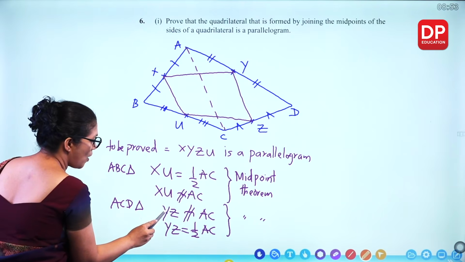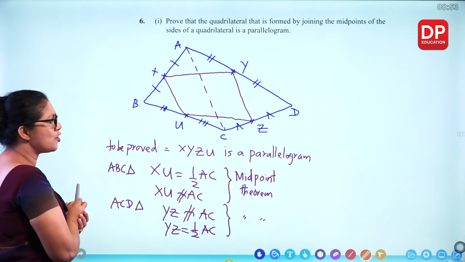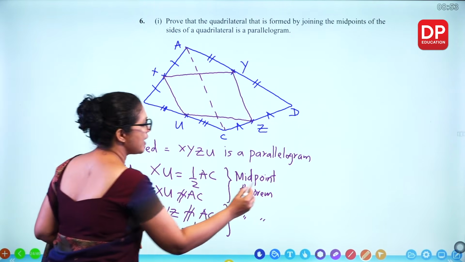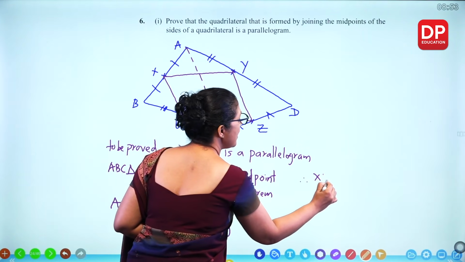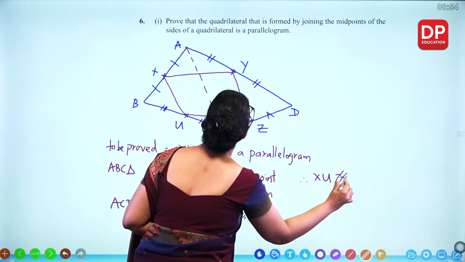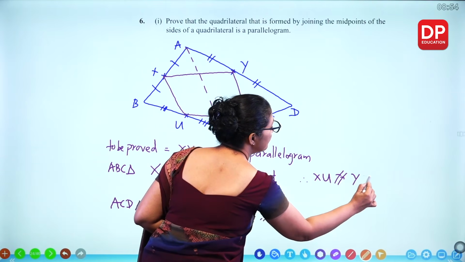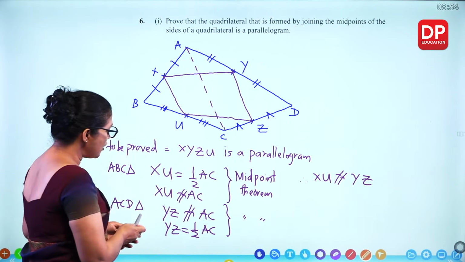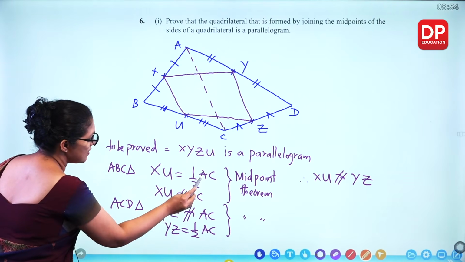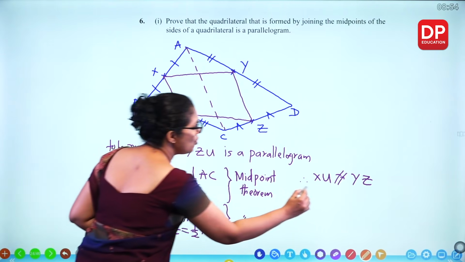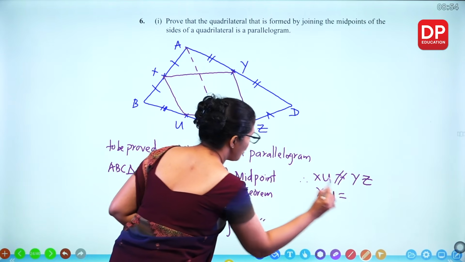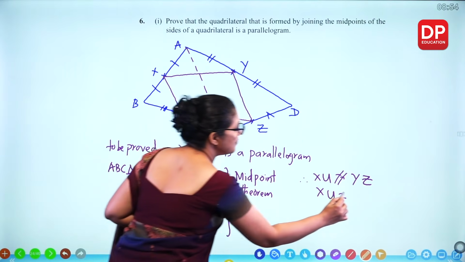Now what can you say about AC and these two lines? AC is parallel to YZ, AC is parallel to XU. So from these two I can write XU is parallel to YZ. Again, when you take lengths, this is half AC, half AC. So you can say XU is equal to YZ.